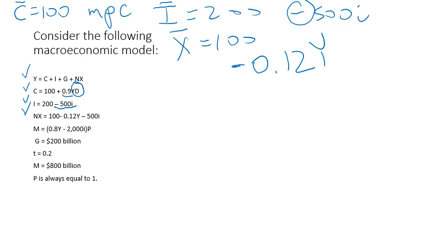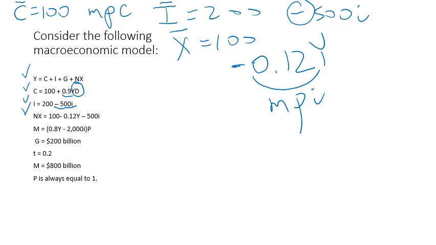Okay. In other words, first of all, what is 0.12? Not negative, just 0.12. That's the marginal propensity to import out of national income, out of GDP. And that's linked to net exports in a negative way. All right?